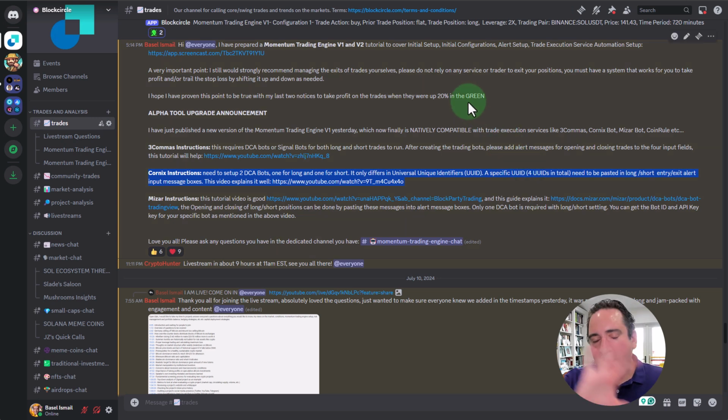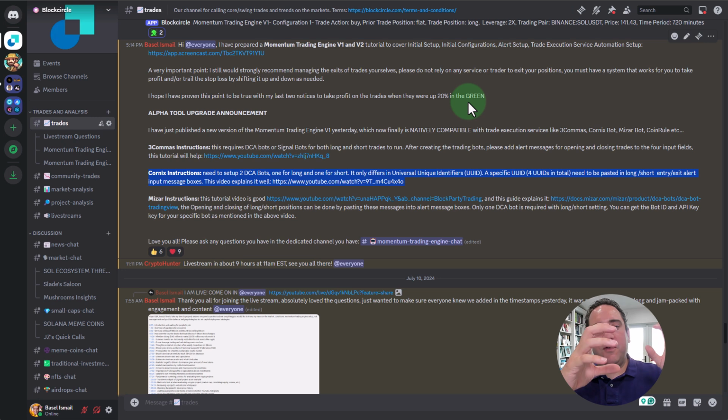So all of that fund management is controlled completely by yourself in the main centralized cryptocurrency exchange, in unison with the trade execution services. Think of it this way at a really high level: you have TradingView, which is step one, the main issuer and manager of alerts.